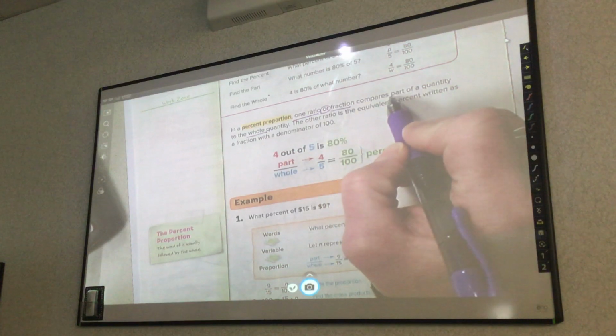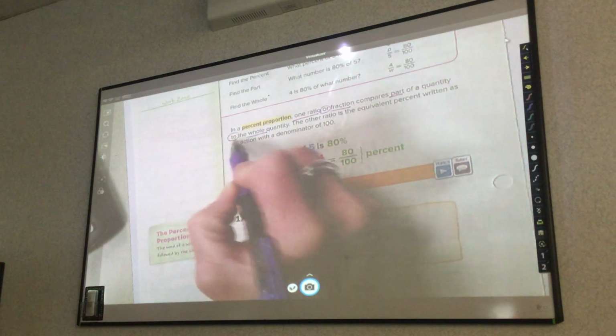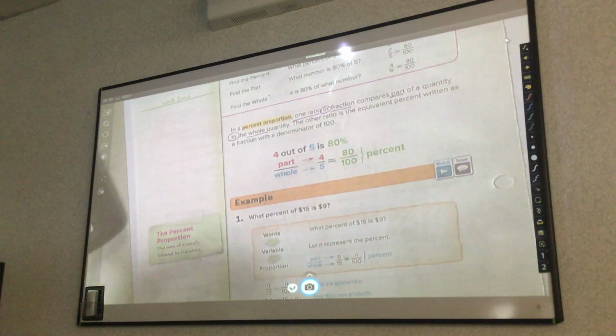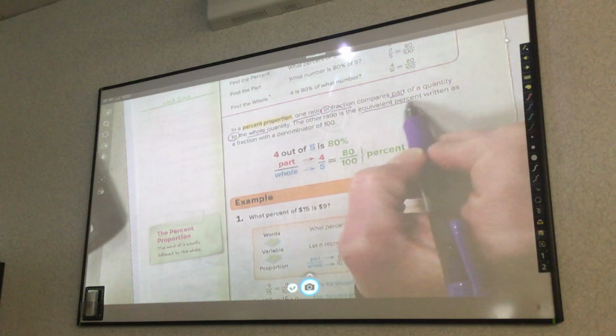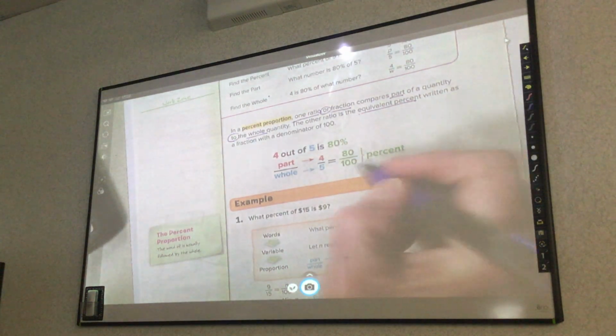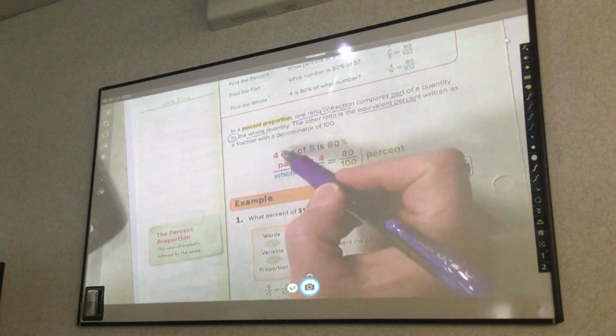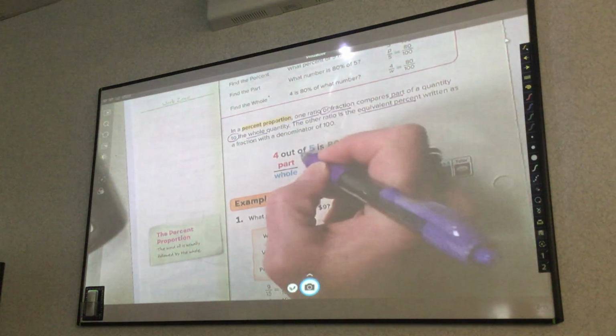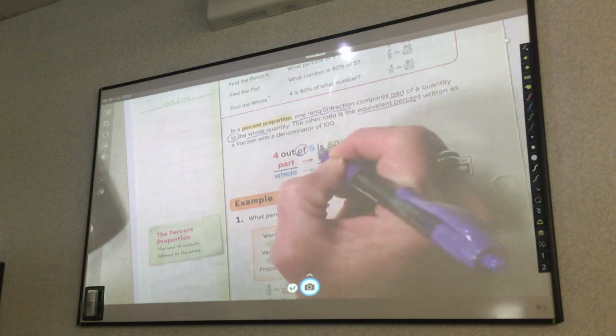In a percent proportion, one ratio or fraction compares part of a quantity to the whole quantity. So it's always comparing part to the whole. The other ratio is the equivalent percent, written as a fraction with the denominator of 100. So you know that if I got 4 out of 5 is 80%.